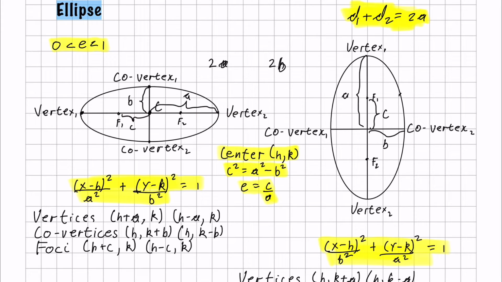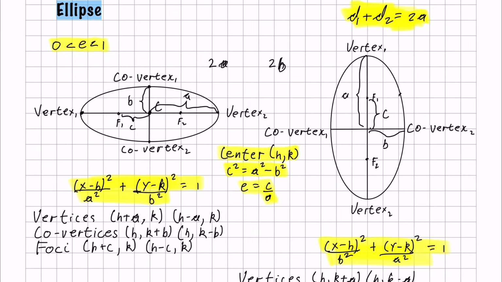And then the thing underneath here would be the distance horizontally from the center to the point on the ellipse. If that makes any sense.